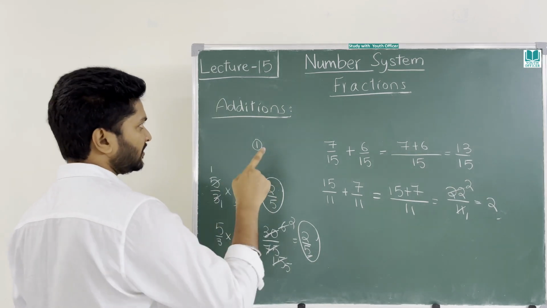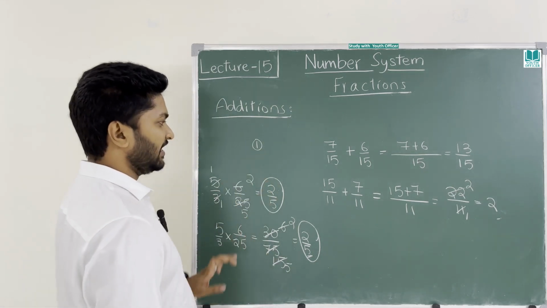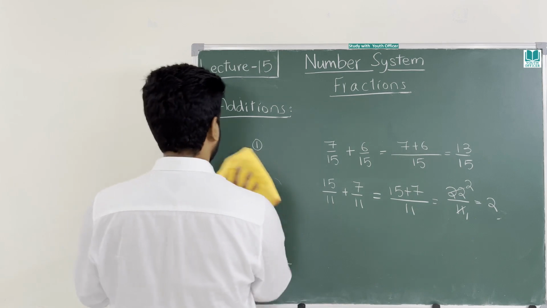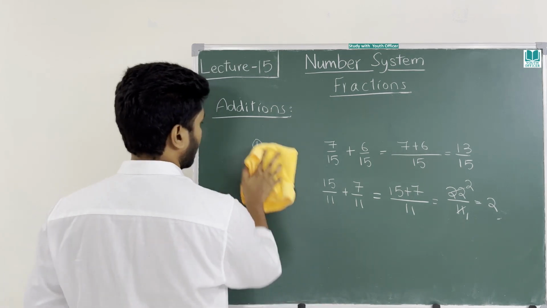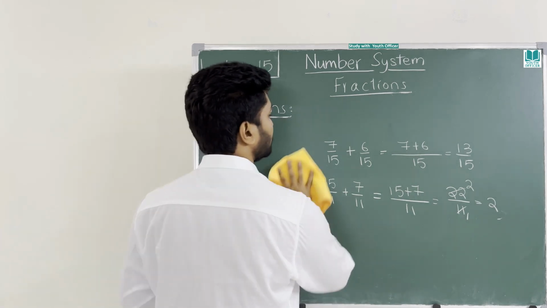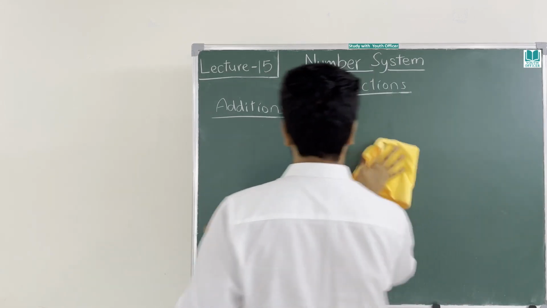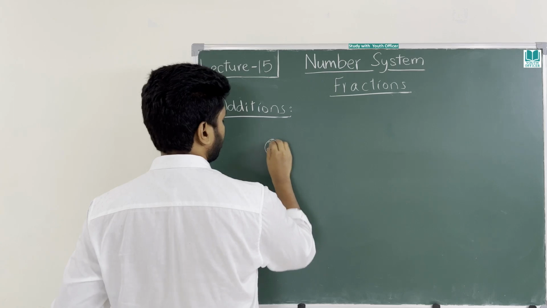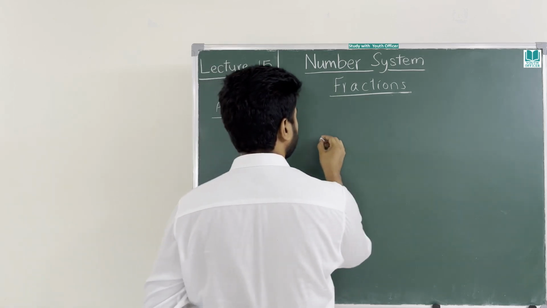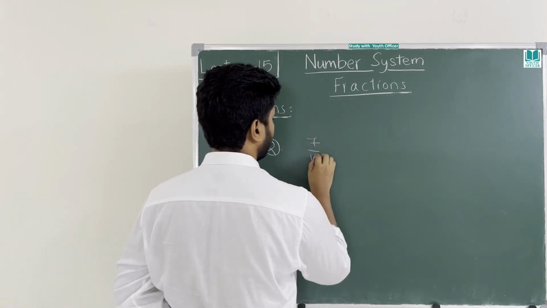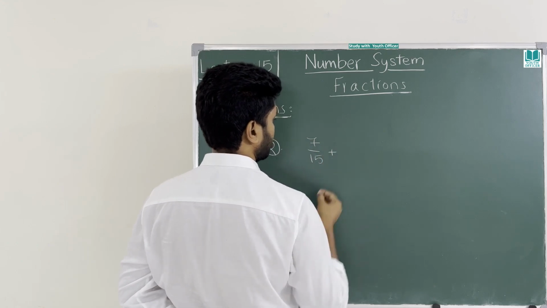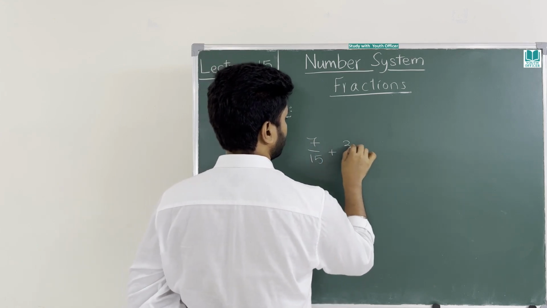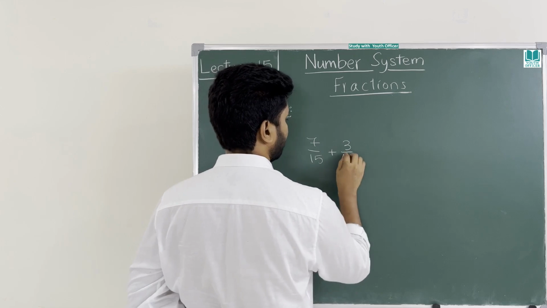Now, I hope you are very clear with additions. What you have to do if the denominators are not equal? I'll take a second example. As you are familiar with 15, I'll take a similar example: 7 by 15 plus 3 by 5.